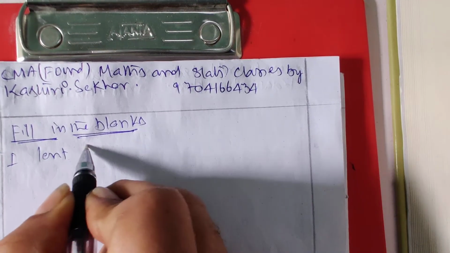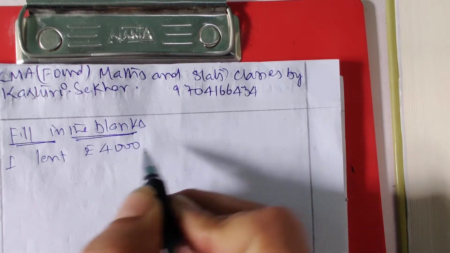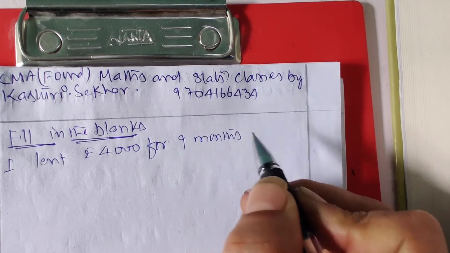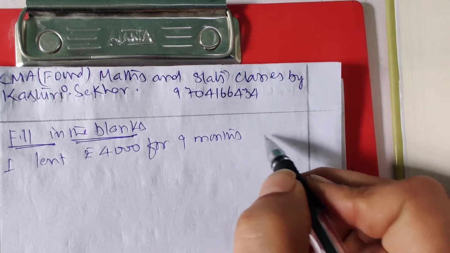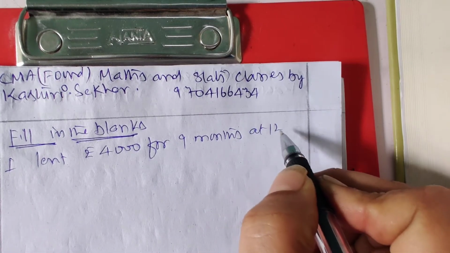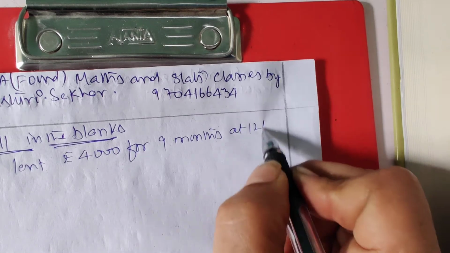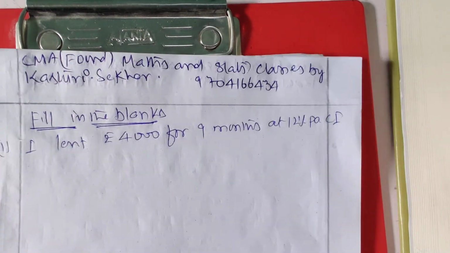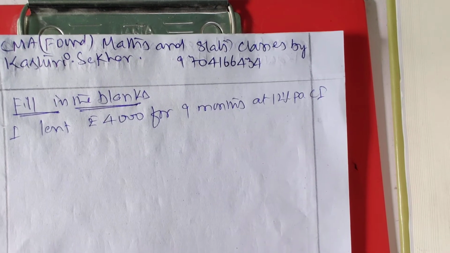I lent rupees 4,000 for 9 months at 12% per annum CI.